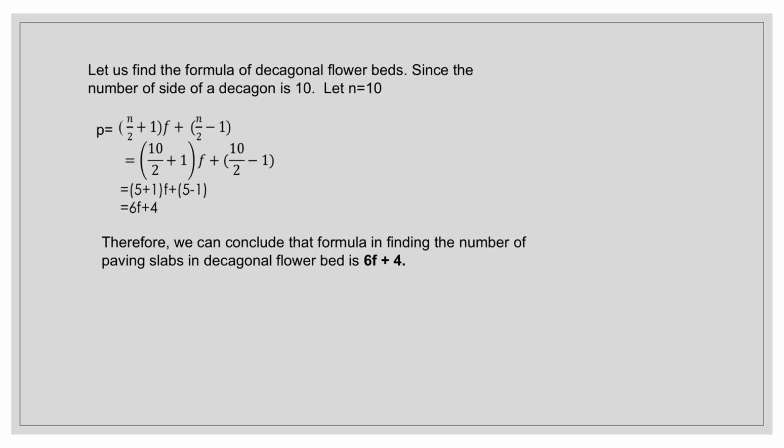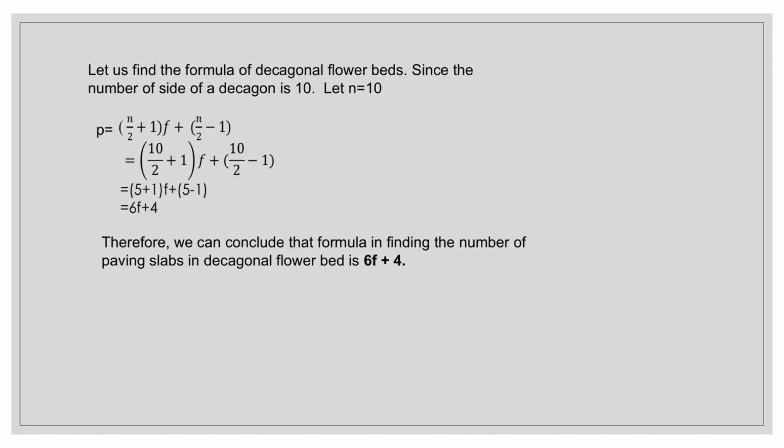So, 10 over 2 plus 1 multiplied by F plus quantity 10 over 2 minus 1. So, 5 plus 1 multiplied by F plus quantity 5 minus 1. So, our final answer is 6F plus 4. Therefore, we can conclude that the formula in finding the number of paving slabs in decagon flower bed is 6F plus 4.